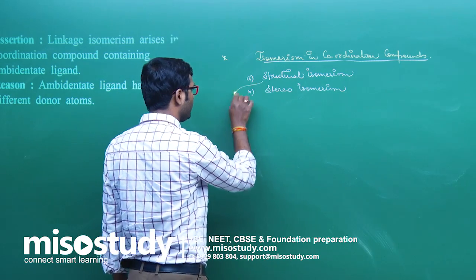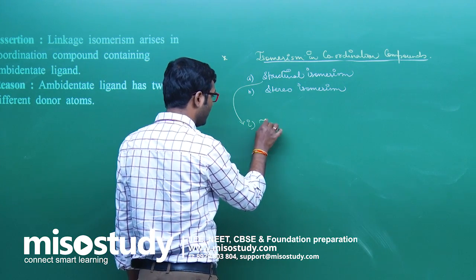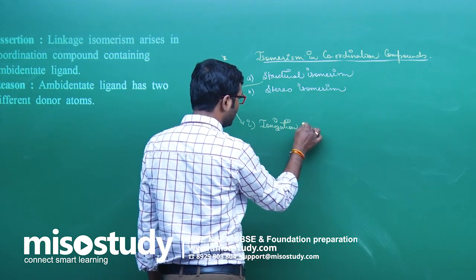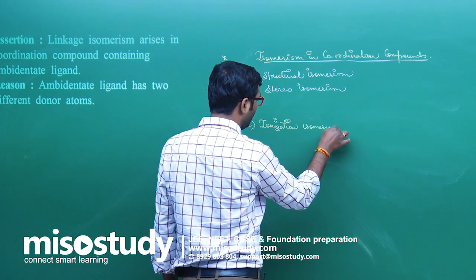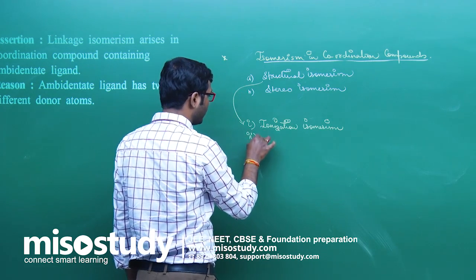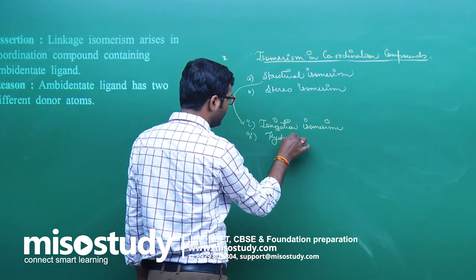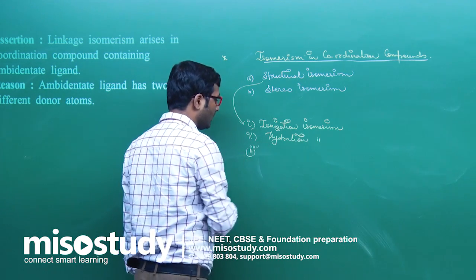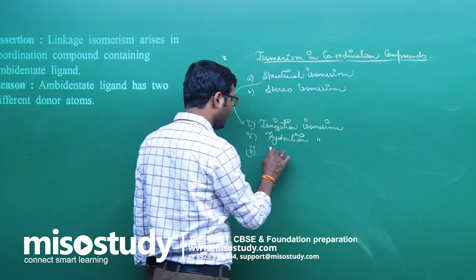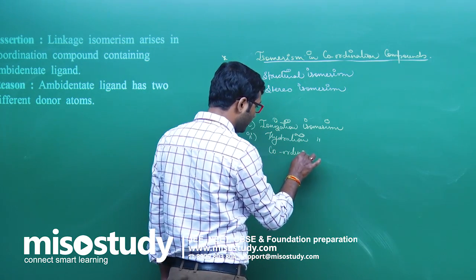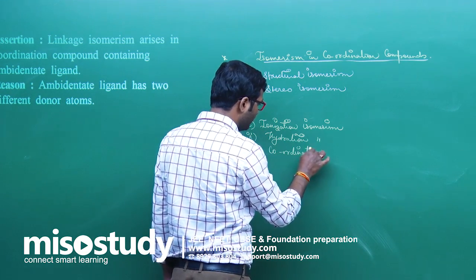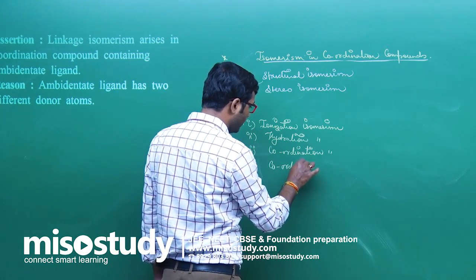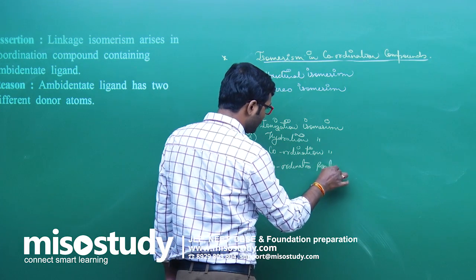In structural isomerism, we know first one is ionization isomerism. Second one is hydration isomerism. Third one is coordination isomerism. The fourth one is coordination position isomerism.